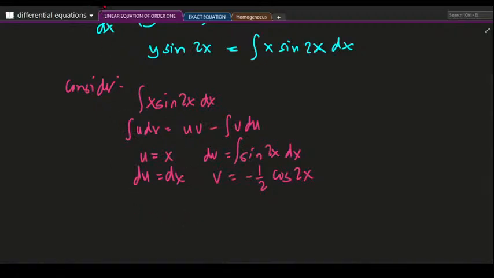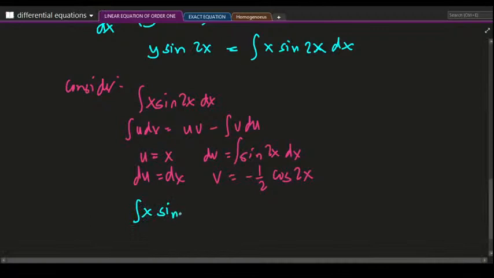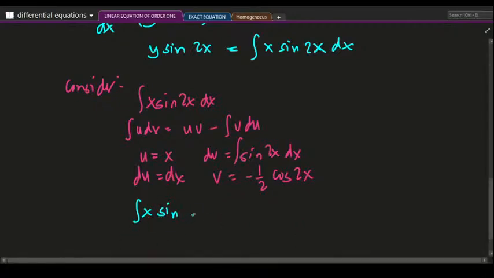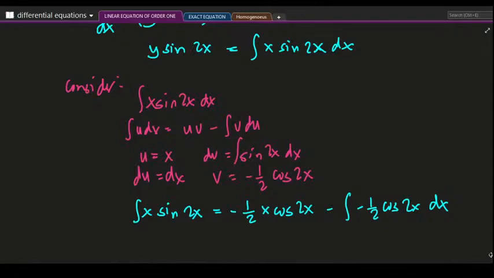So we have the integral of x sine 2x equal to uv, so negative 1/2 x cosine 2x, minus the integral of negative 1/2 cosine 2x, so this is v du, dx.